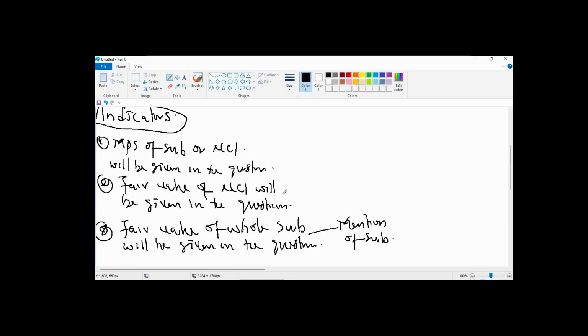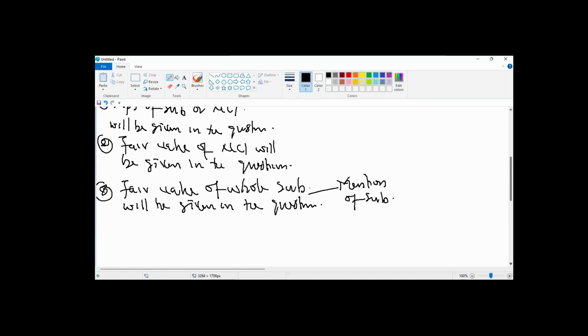Don't forget, another name for it is fair value. For this purpose, the fair value of the whole of Valet will not mention the name of the subsidiary. That means if you want to acquire at 100%, how much would you have paid? That's why we refer to it as what-if analysis: if I want to buy 100% of the subsidiary, the fair value of the whole company, they will pay 66,000. That is it.